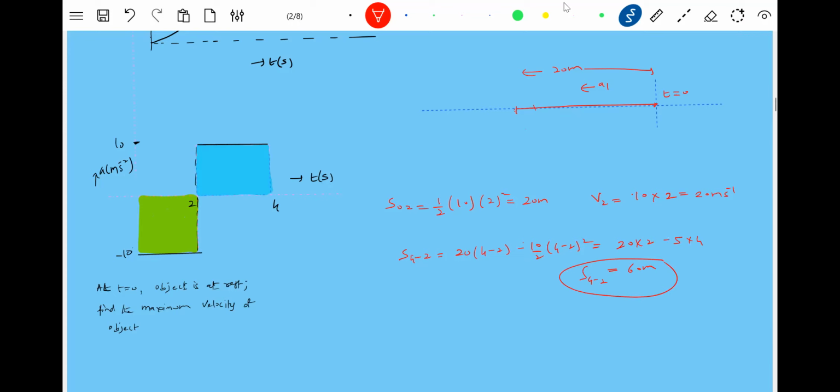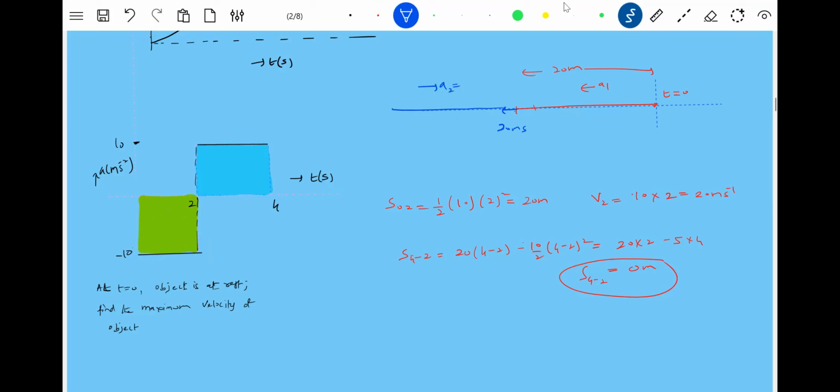Sir, how come you are changing it? First the object will move towards left. This will become accelerated motion. This will become retarding motion. So here it has acquired how much speed? 20 meters per second. Then the object will cover a distance of 20 meters.